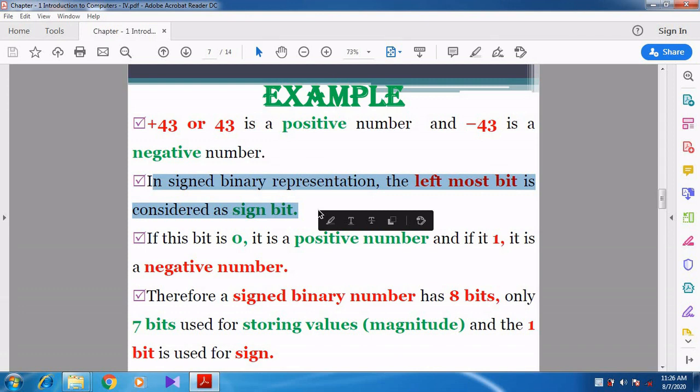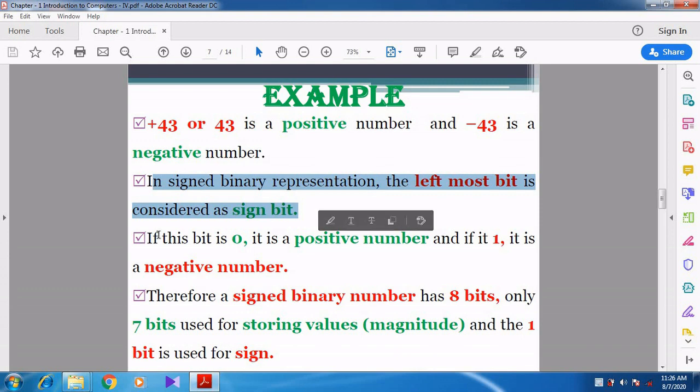We already studied in the last slide that the leftmost bit, the MSB, is otherwise called the sign bit or parity bit. Now they are explaining what the use of the sign bit is, and why it is given the name sign bit.